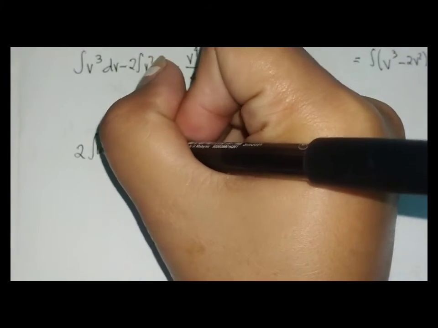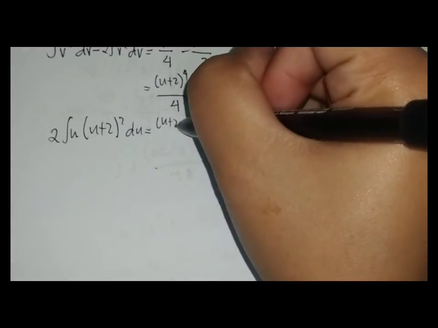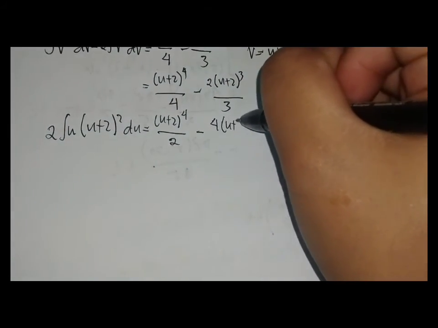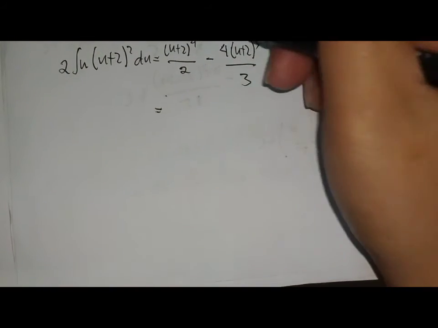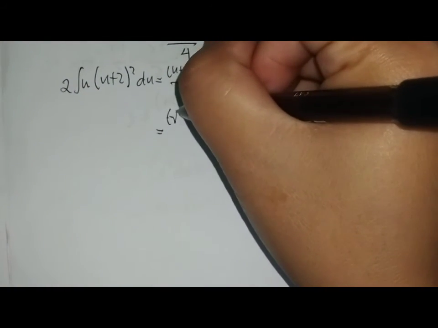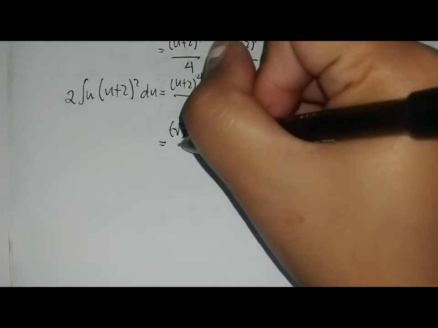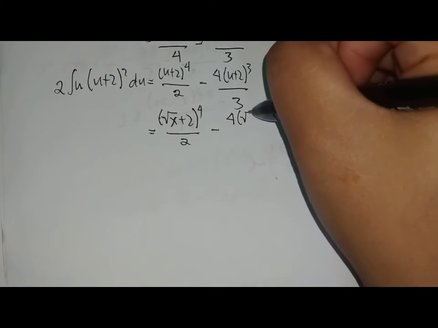So 2 times the integral of u times (u plus 2)^2 du is equal to (u plus 2) to the 4th over 2 minus 4(u plus 2) cubed over 3. Again, on the substitution, (square root of x plus 2) to the 4th over 2 minus 4(square root of x plus 2) cubed over 3.